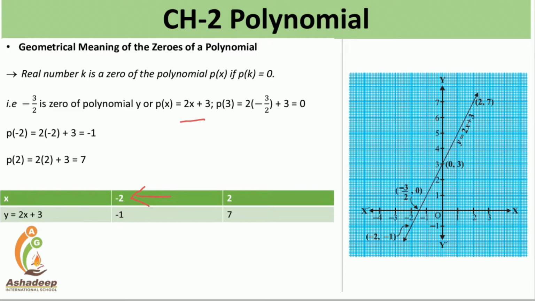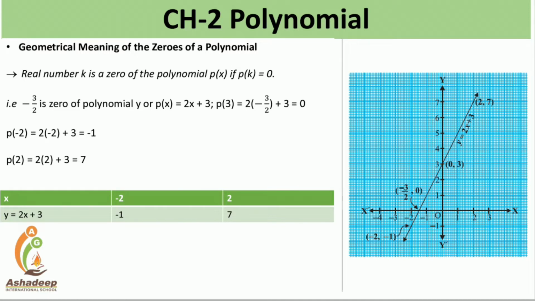So 2 times minus 2 is minus 4, plus 3, which equals minus 1.